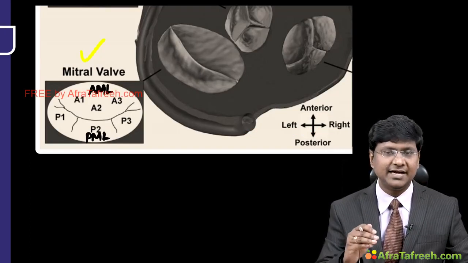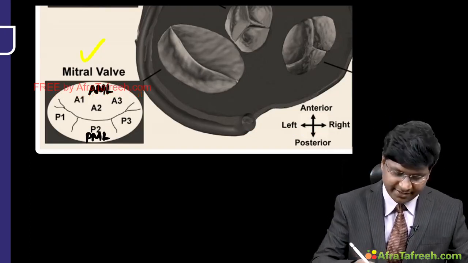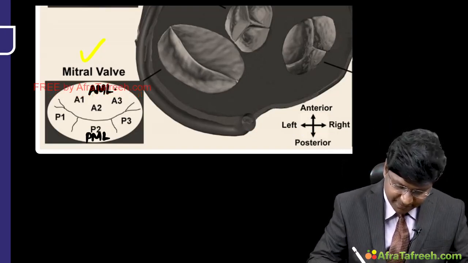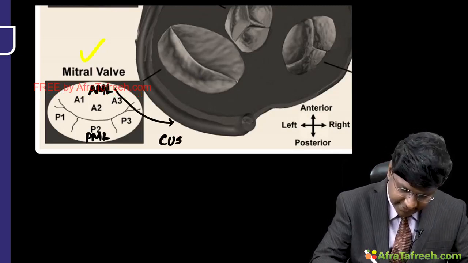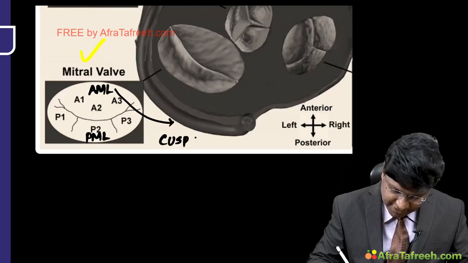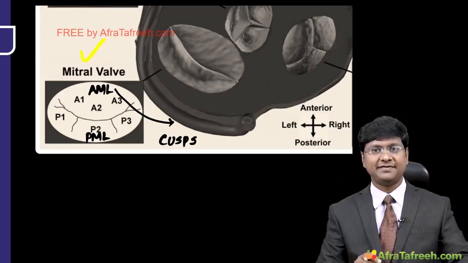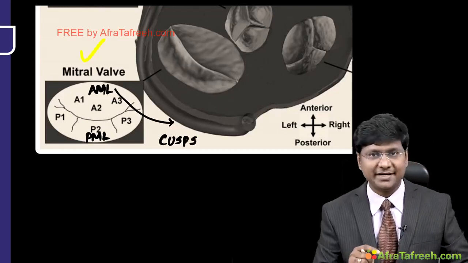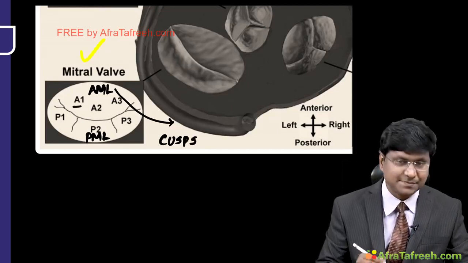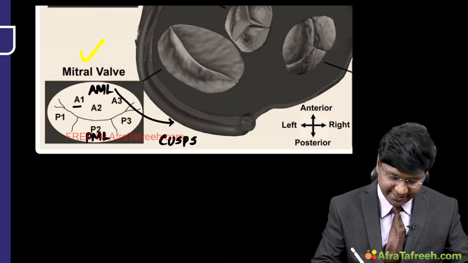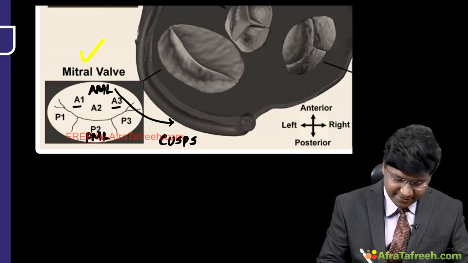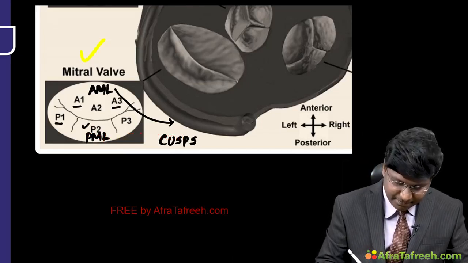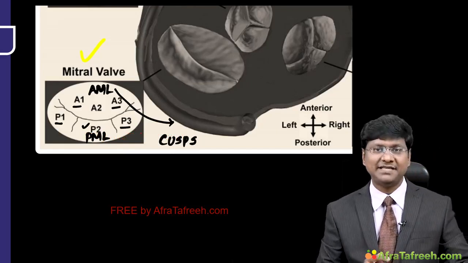Within the anterior mitral leaflet and posterior mitral leaflet, again you have the presence of cusps. For the anterior mitral leaflet, the cusps are A1, A2 and A3, whereas for the posterior mitral leaflet we have P1, P2 and P3.